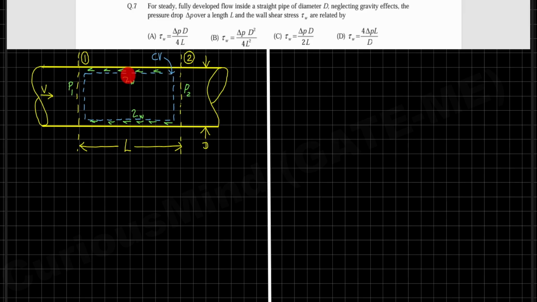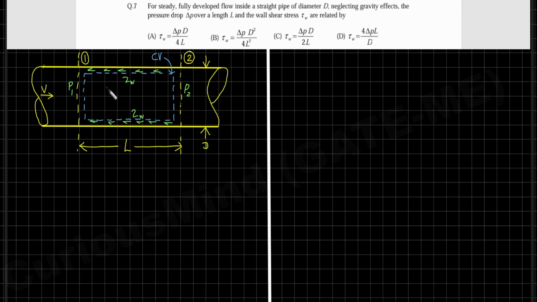So this wall shear stress develops at the interface between the fluid and the internal surface of the pipe, and acts in the opposite directions on both the fluid element and on the internal surface of the pipe, alright.